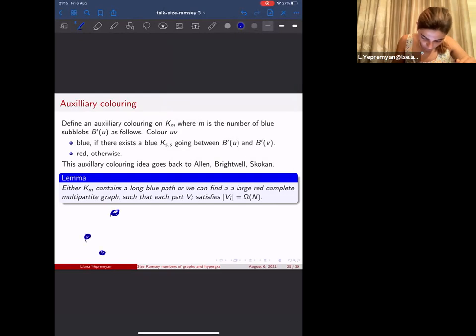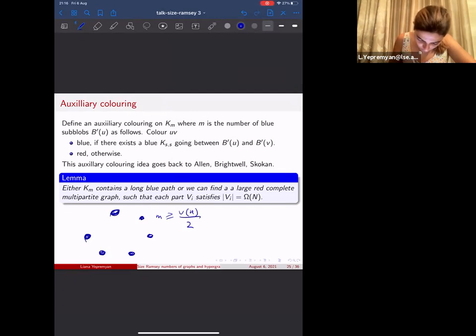Okay, so they're still large, like some K_t. And I know that M, the number of such sublobes, is at least v(H) over 2. And now I define the following auxiliary coloring.